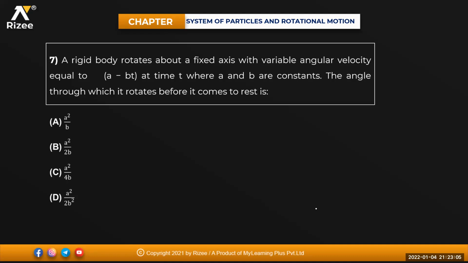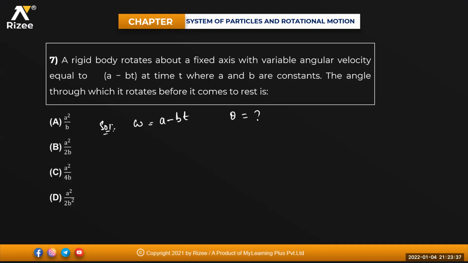Next one. A rigid body rotates about a fixed axis with variable angular velocity omega equal to a minus b into t, where a and b are constants. The angle through which it rotates before it comes to rest. So omega is given as a minus bt. What is asked is the angle through which it will rotate before it comes to rest.